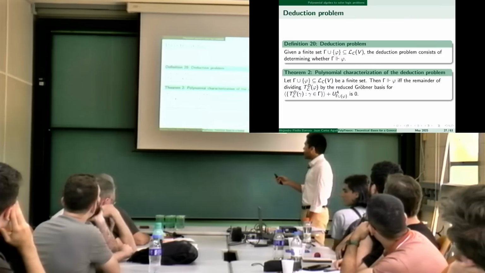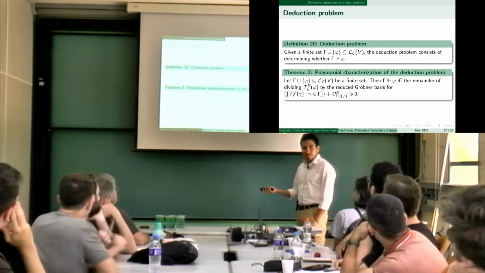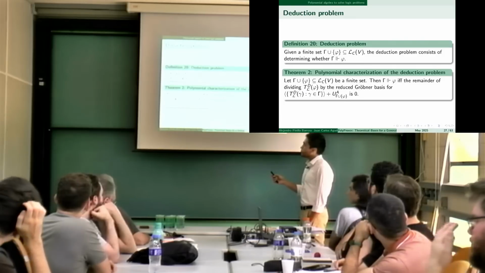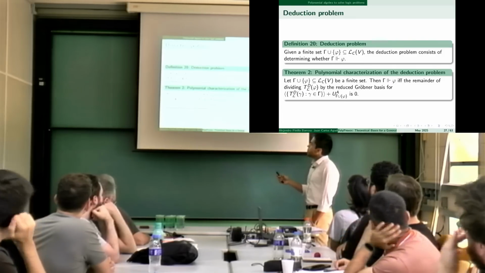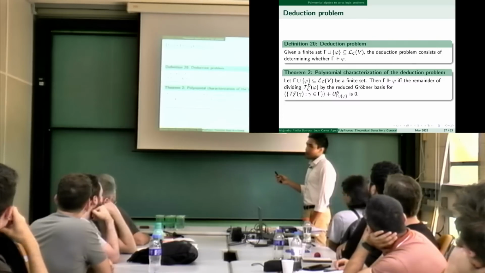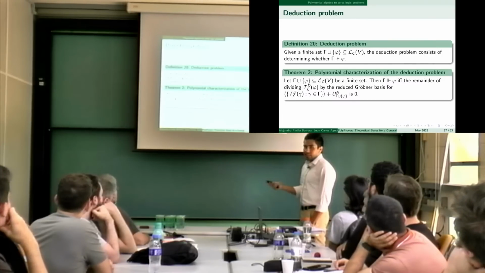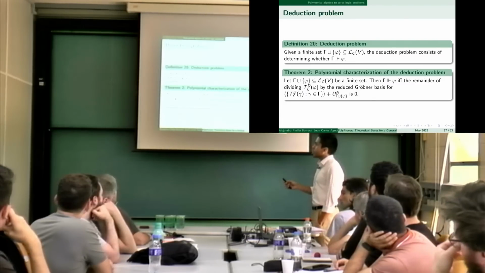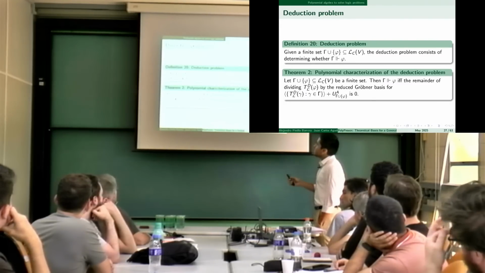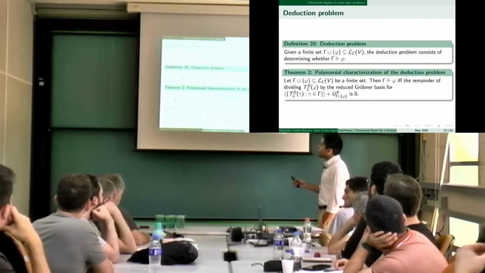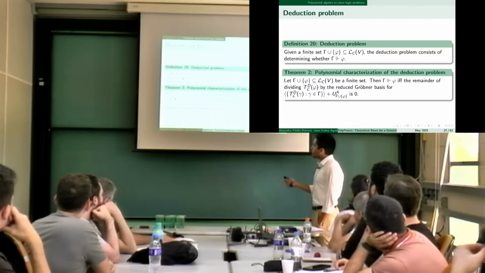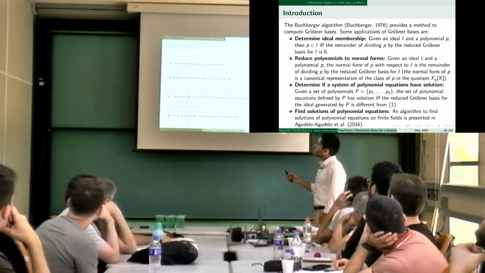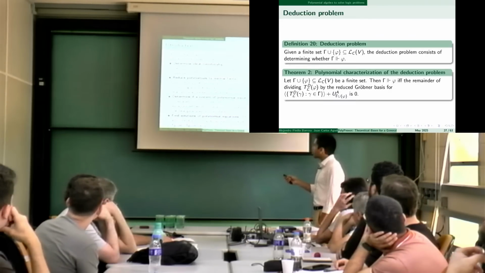Okay, perfect. So let's talk about the logical problems. The first one could be the deduction problem. We have a set of formulas and we want to know if the set of formulas can deduce a formula phi, taking into consideration the Gröbner basis. With the characterization of the logic using polynomials, this problem is reduced to evaluating if the translation of phi belongs to the ideal generated by gamma.